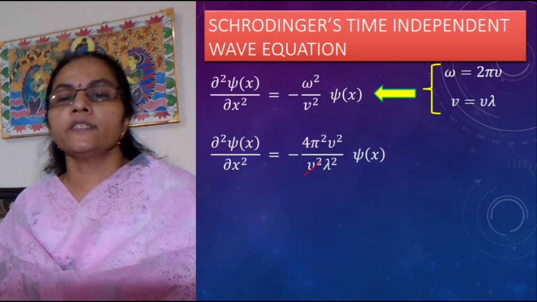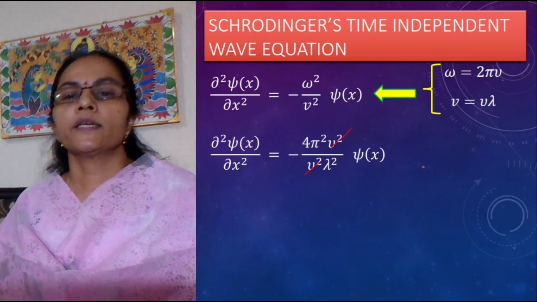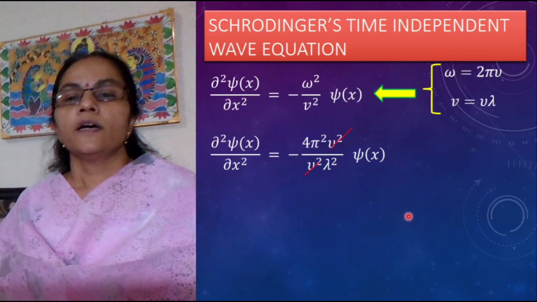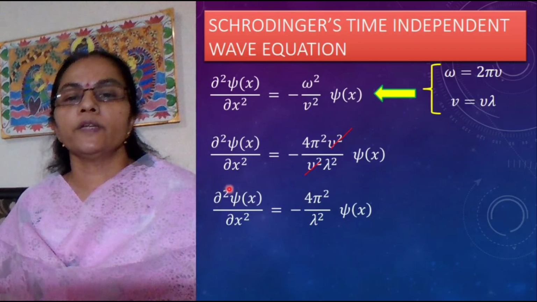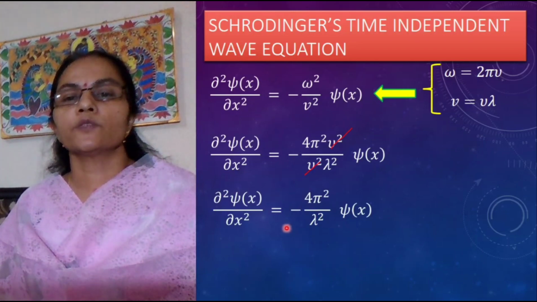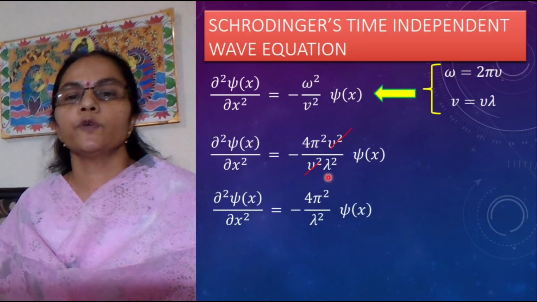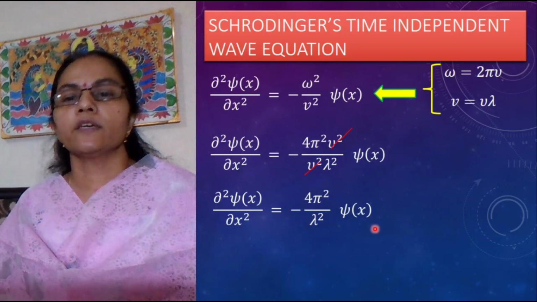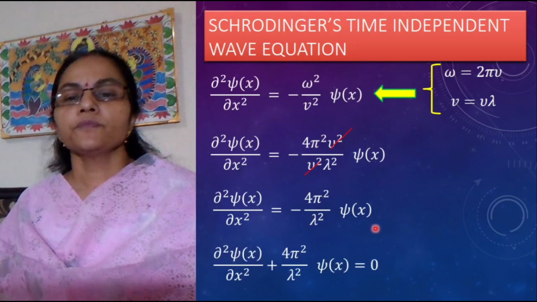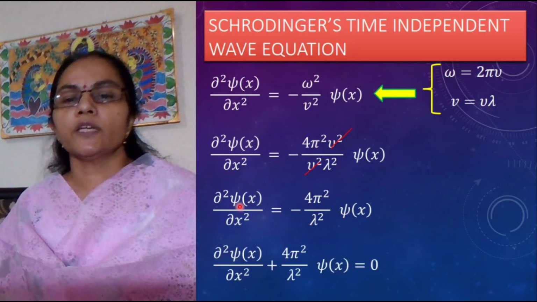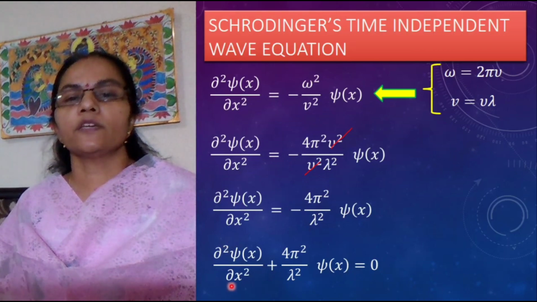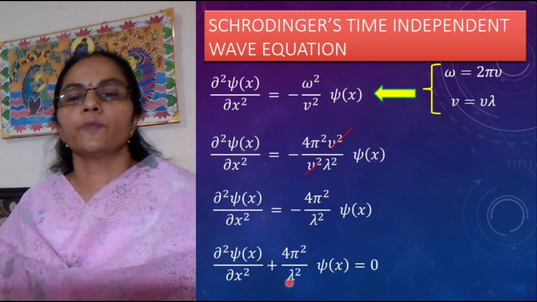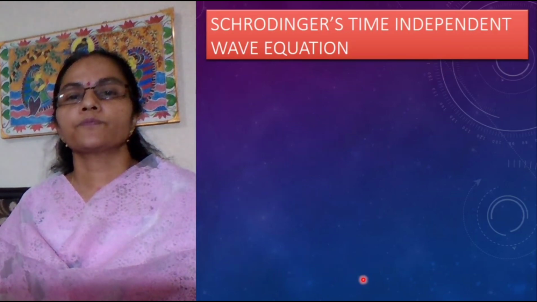From here nu square and nu square will get cancelled. After they get cancelled, we are left with del square psi by del x square equals minus 4 pi square by lambda square psi of x. Taking this to the left hand side, I get del square psi of x by del x square plus 4 pi square by lambda square psi of x equals 0.